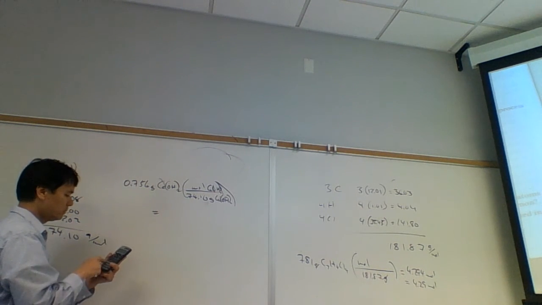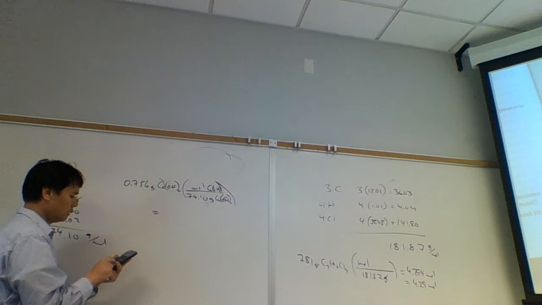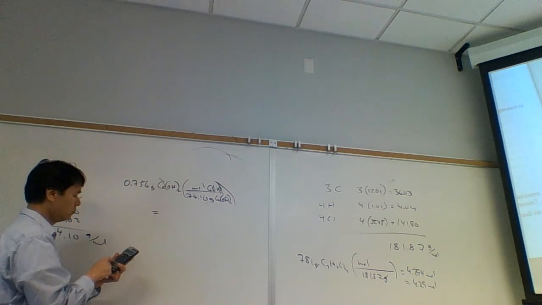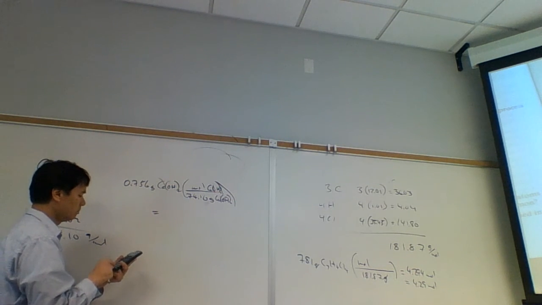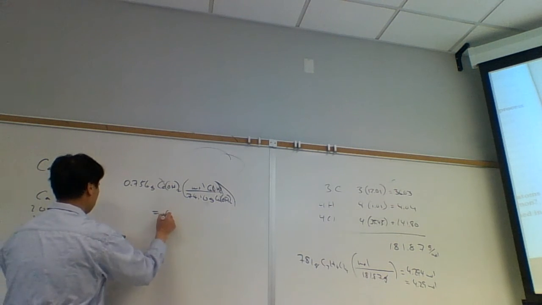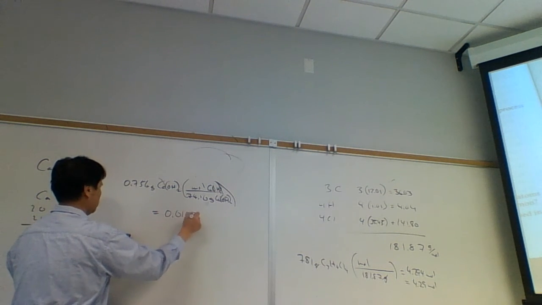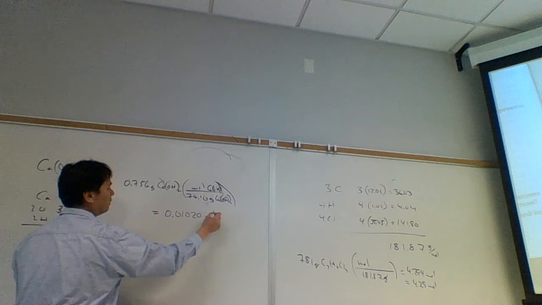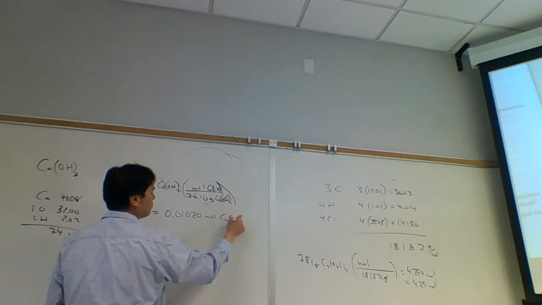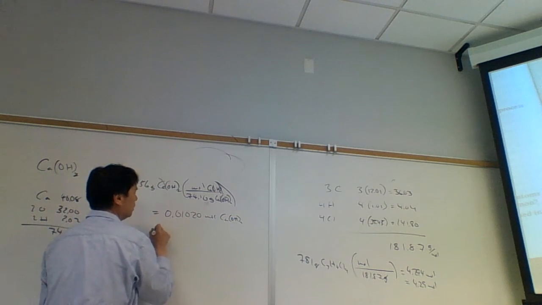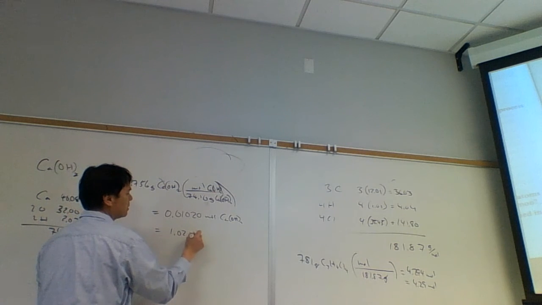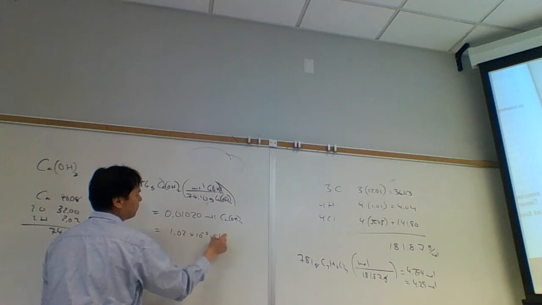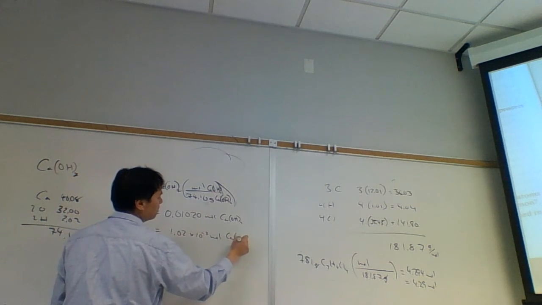And so this is 0.756 divided by 74.1. 0.01020 moles of calcium hydroxide formula units. So 1.02 times 10 to the minus 2 moles of calcium hydroxide.